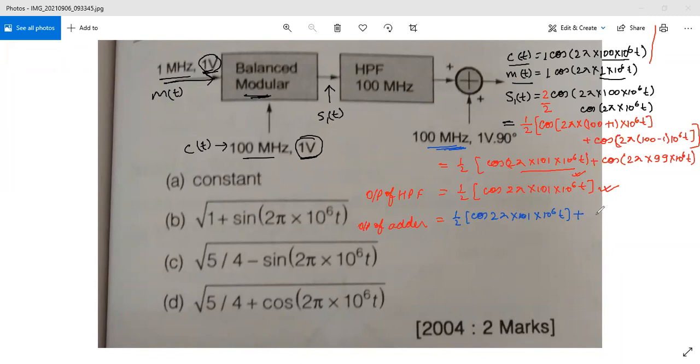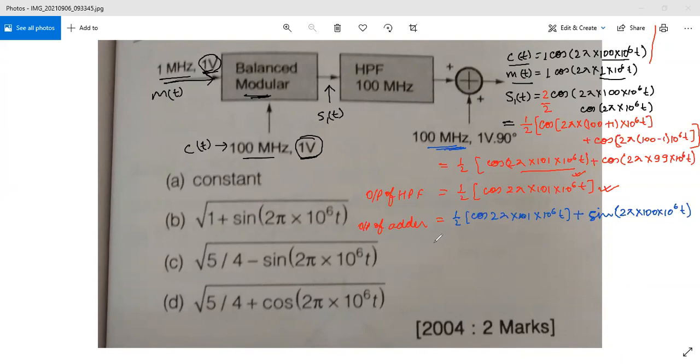So here the signal will be 90 degree phase shifted of whatever signal we have previously. So we will have a sinusoidal signal sin 2 pi f. What is the value of f here, 100 megahertz, so 100 into 10 to the power 6t. So we have this signal now.